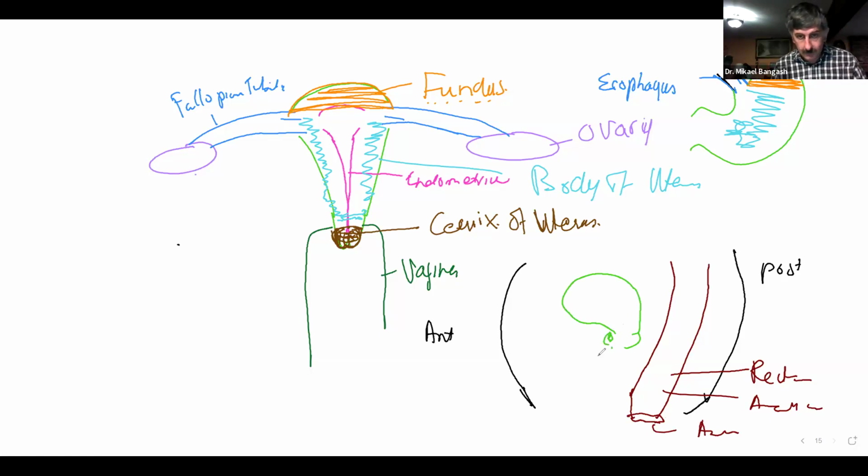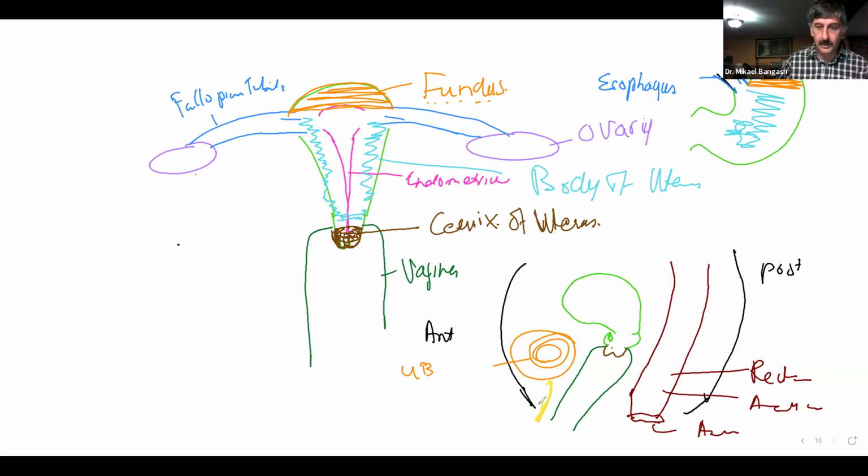And then we have the vagina. Anterior to that is going to be the urinary bladder. And from that is going to be the urethra.